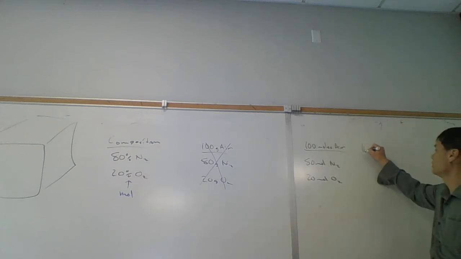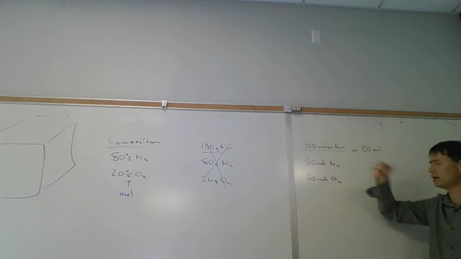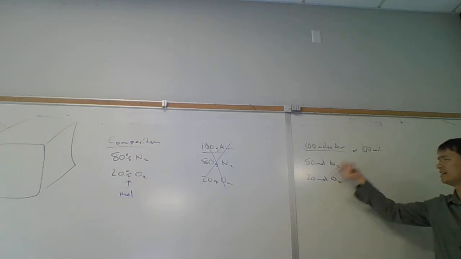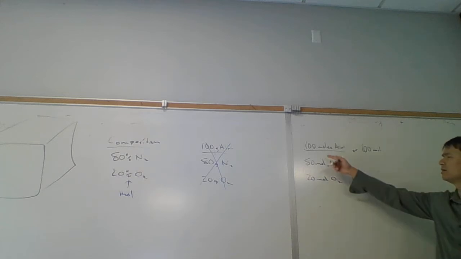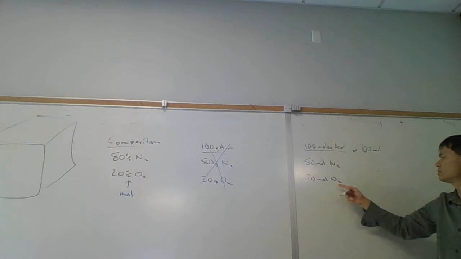Or if I had 100 molecules of air, the mole is just like a counting unit, so 100 dozen molecules of air would be 80 dozen molecules of nitrogen and 20 dozen molecules of O2. So if I had 100 moles of air molecules, I'd have 80 moles of nitrogen molecules and 20 moles of oxygen.